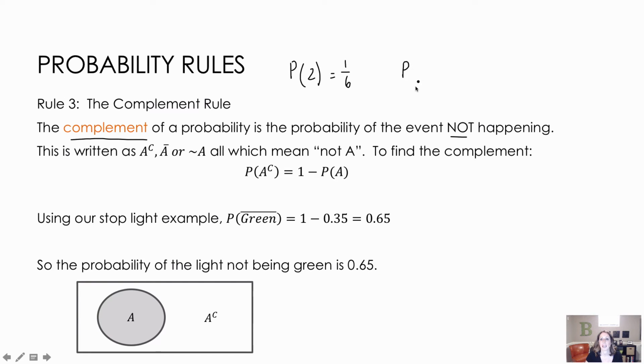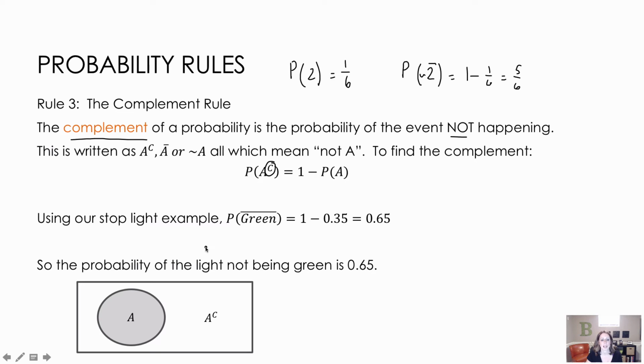The probability of not 2, which sometimes they write like this, or as you can see, sometimes they write like this, or sometimes they'll even put a little squiggle, the probability of not 2, would be 1 minus 1/6 or 5/6, because there's 5 sides of the die that are not a 2. So that's what's called a complement.